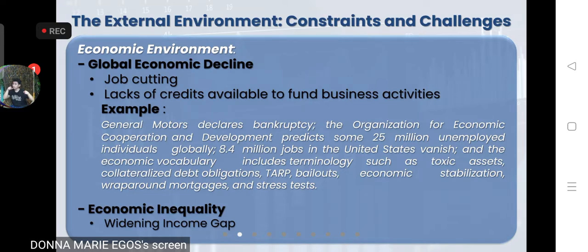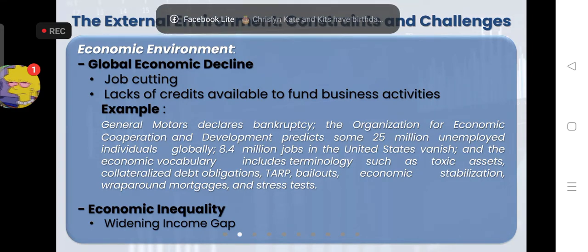So for example, General Motors declares bankruptcy. The Organization for Economic Cooperation and Development predicts some 25 million unemployed individuals globally, 8.4 million jobs in the United States vanished, and the economic vocabulary includes terminology such as wraparound, mortgages, and stress test.